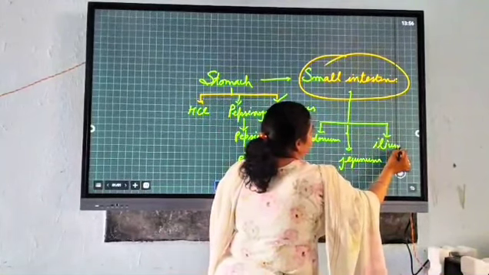Digestion takes place in the duodenum, absorption takes place in the jejunum and ileum. Our small intestine has finger-like processes which absorb all the necessary digested food and pump it into the blood vessels.